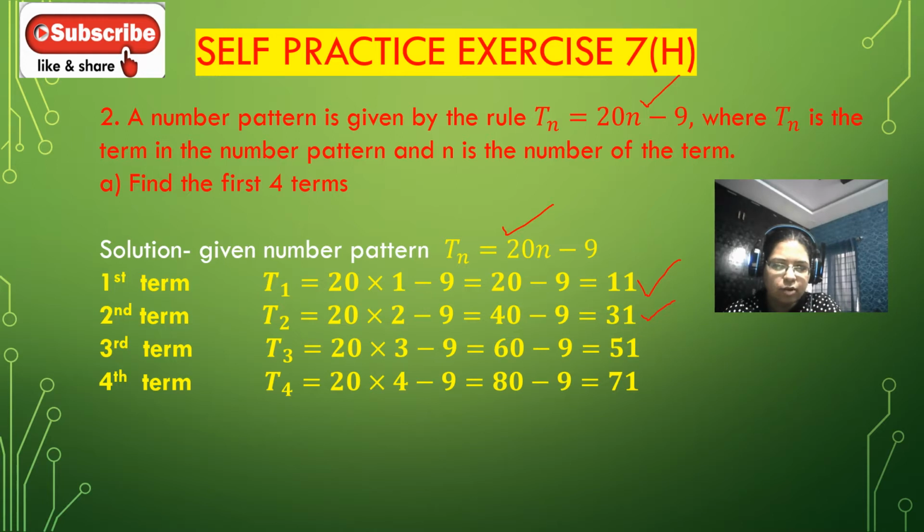Third term, when n equal to 3, T3 equal to 20 multiplied with 3 minus 9. 20 multiplied with 3 is 60, 60 minus 9 is 51. Fourth term, when n equal to 4, T4 will be 20 multiplied with 4 minus 9. 20 multiplied with 4 is 80, 80 minus 9 is 71. These are the first four terms of the number pattern Tn equal to 20n minus 9.